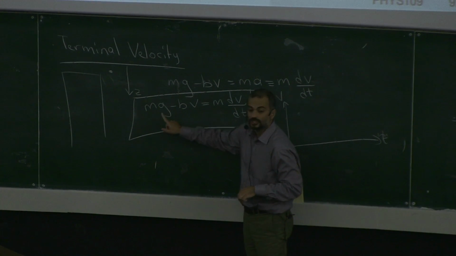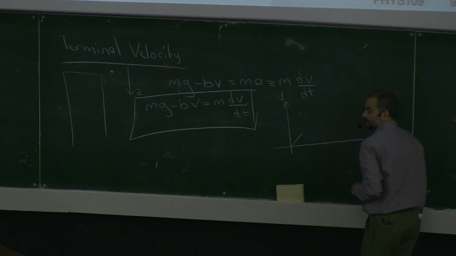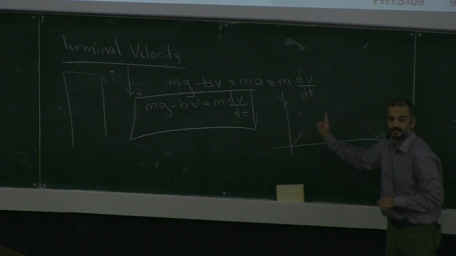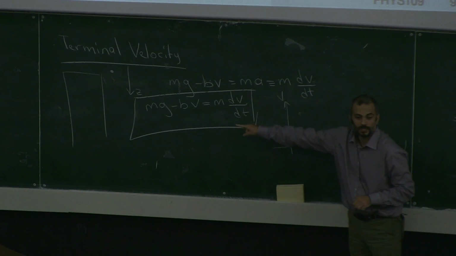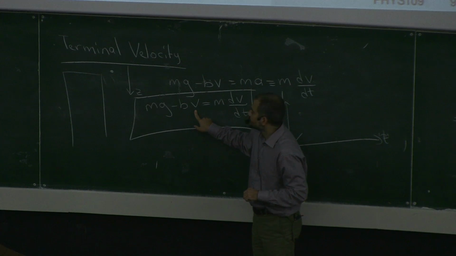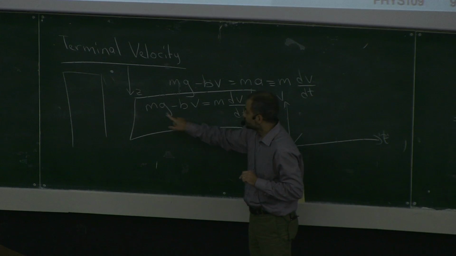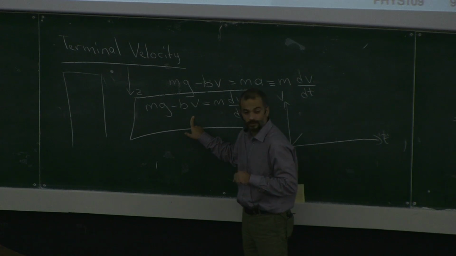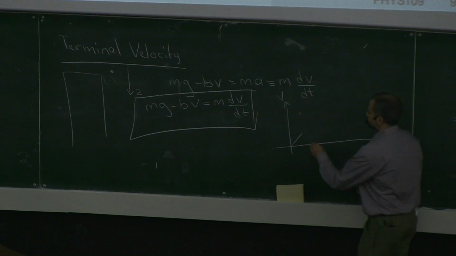Accelerated. So initially the speed is increasing with time. The slope is determined by g. But then, since v is larger, the net force acting on my mass is smaller. Since the net force acting on my mass is smaller than its weight, its acceleration will be smaller than g.